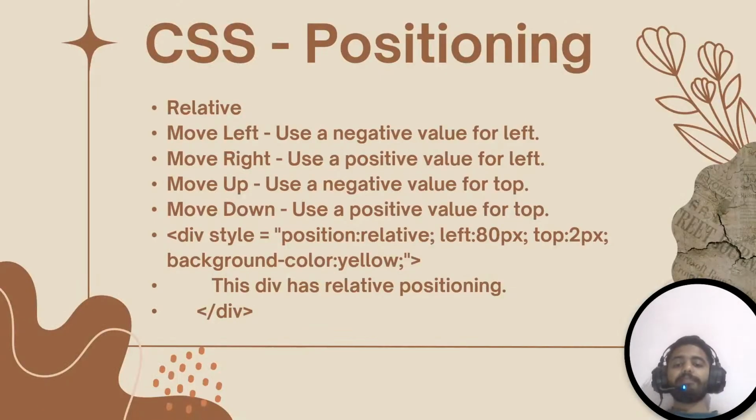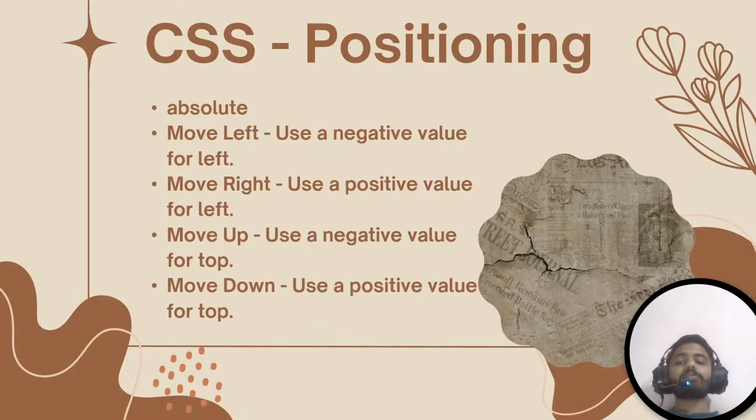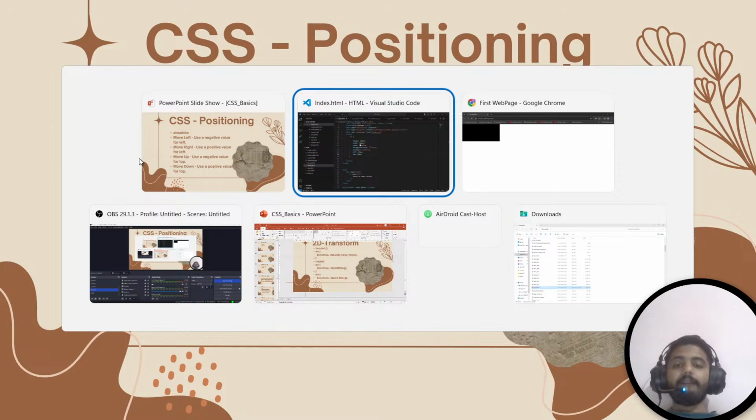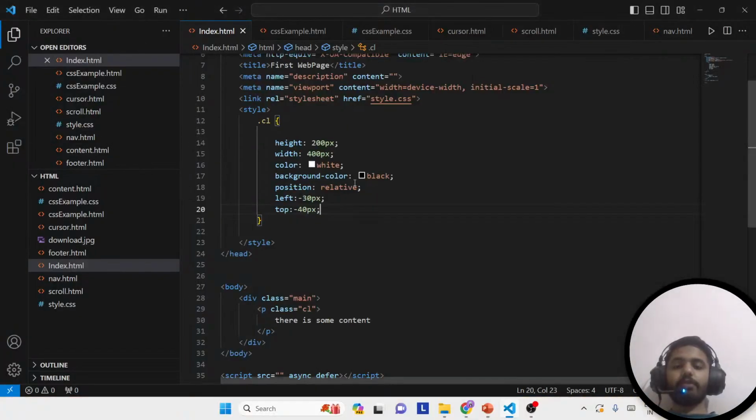So let's move on. Then there comes your absolute positioning. So what does absolute mean? It means your whole screen, and from the top left corner it will start measuring your position, correct? So from your top left corner, it will measure the pixels. So you use the same properties only. You move left, you move right. So what you can say over here is absolute.